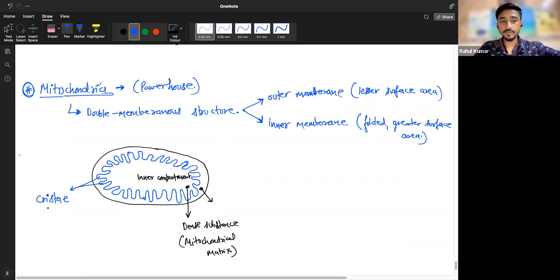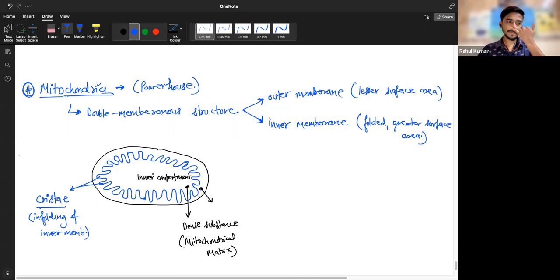Cristae are the folds of the inner membrane of the mitochondria. Okay. Cristae, foldings of inner membrane. Inner compartment. This is the outer compartment.